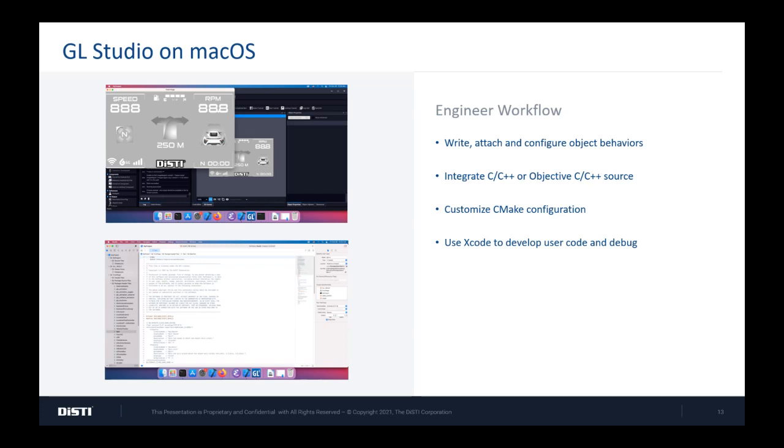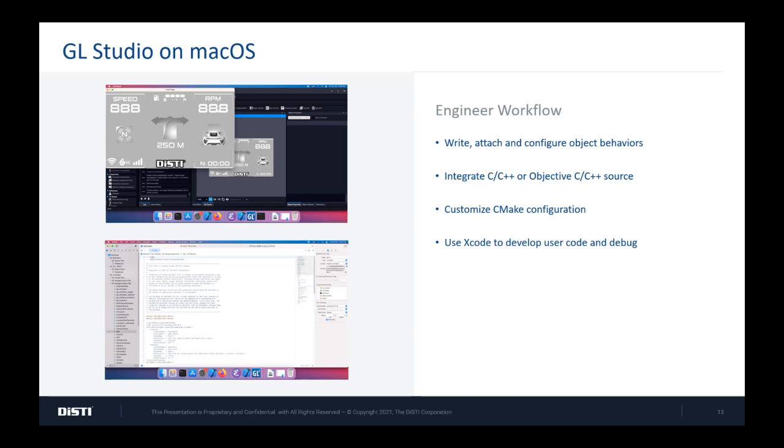Other tasks include integrating third-party libraries, whether they be written in C, C++, or native macOS Objective-C or C++ source. Configuring the CMake for the project, which can be used to add third-party libraries and frameworks. And then using Xcode to write code, develop, and debug the resulting application.